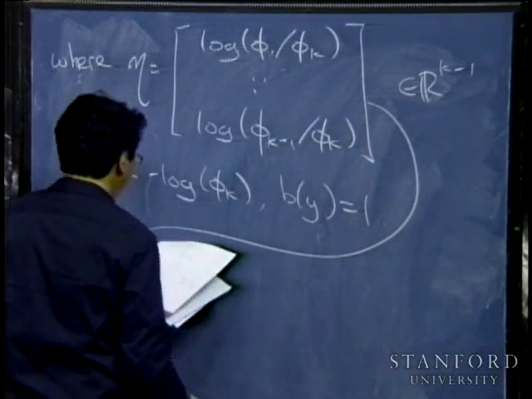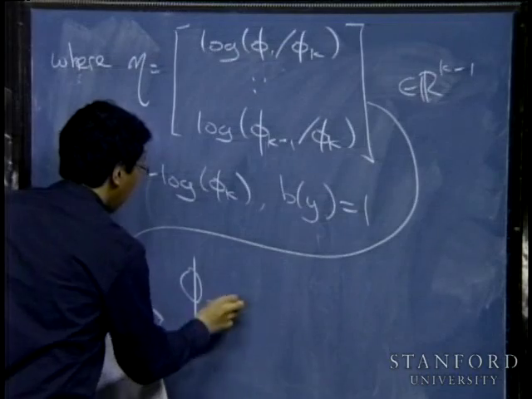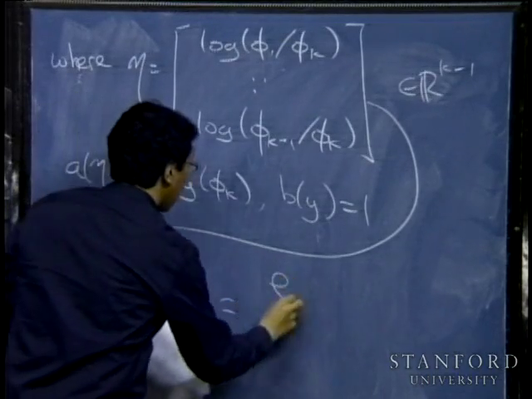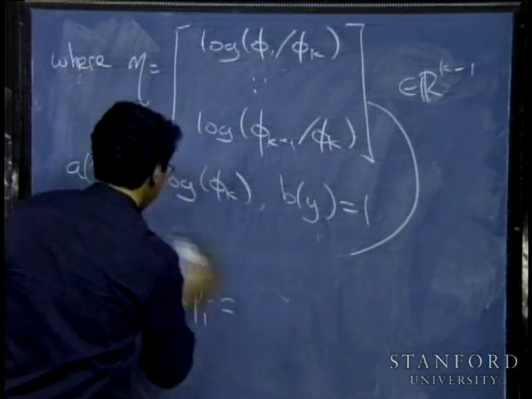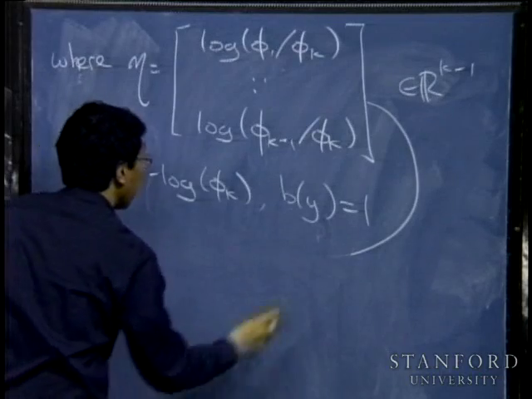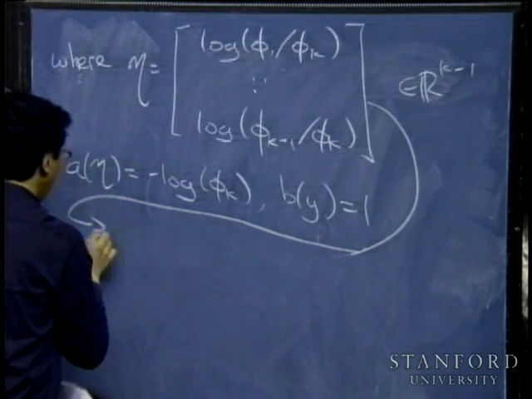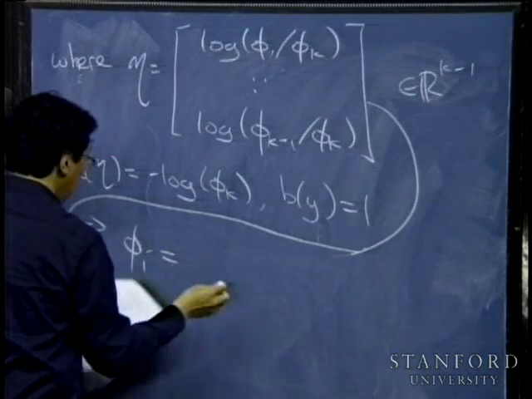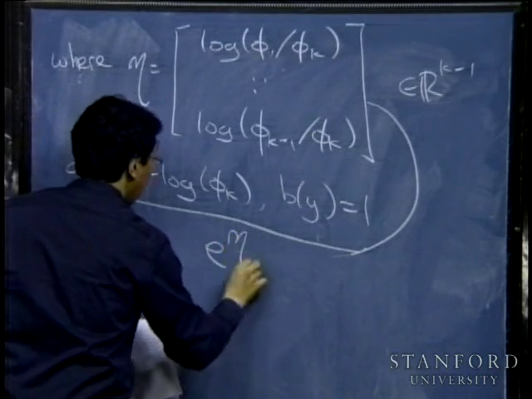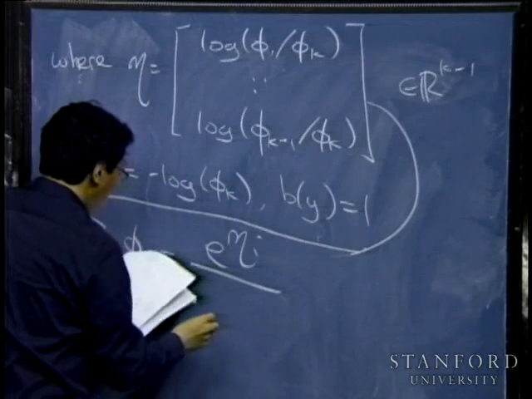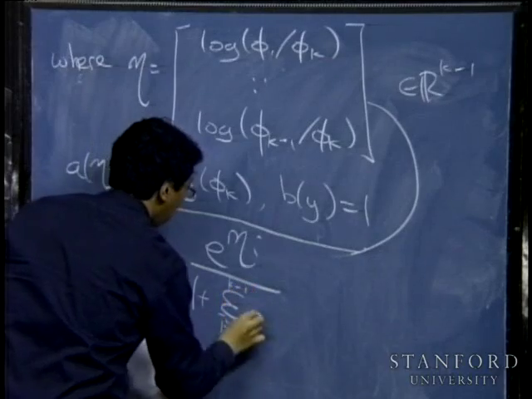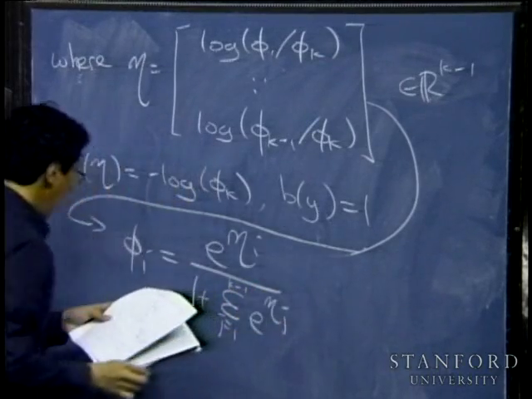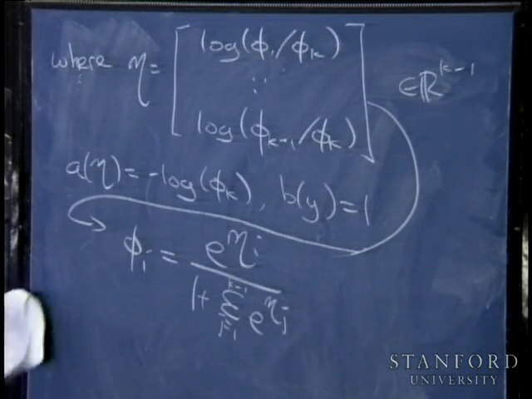And it turns out you get that phi_i is equal to e to the eta_i over 1 plus the sum over j of e to the eta_j.